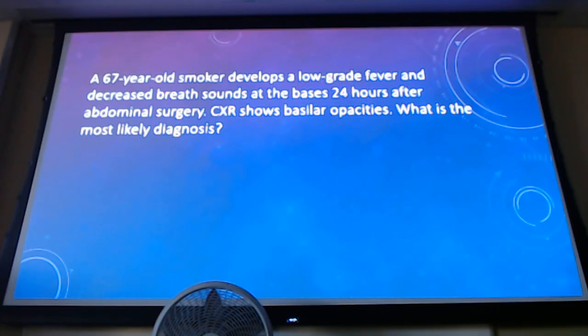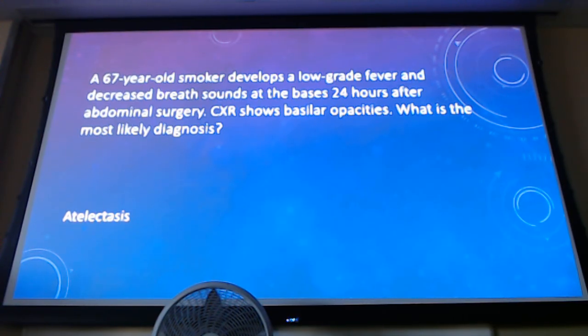Probably been sedentary in a bed. What do you think? Chest x-ray shows basilar opacities. What shows bilateral basilar opacities? Atelectasis. Congratulations. Right? 24 hours after surgery, most likely cause. It's atelectasis all day long.